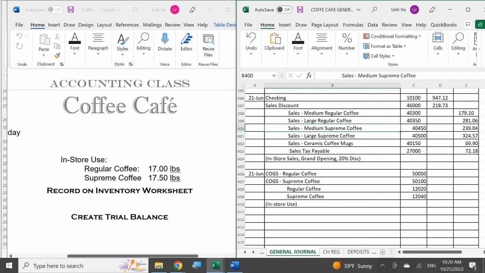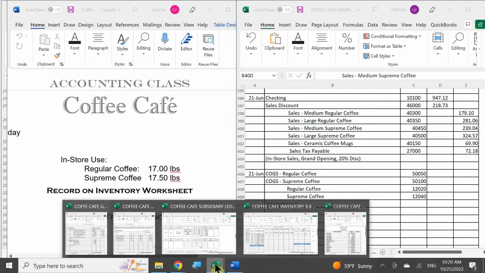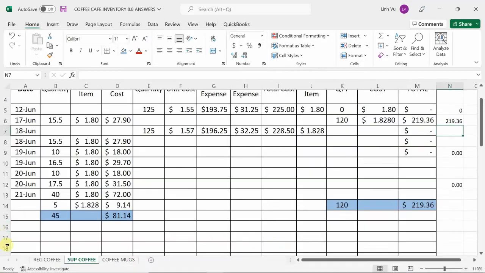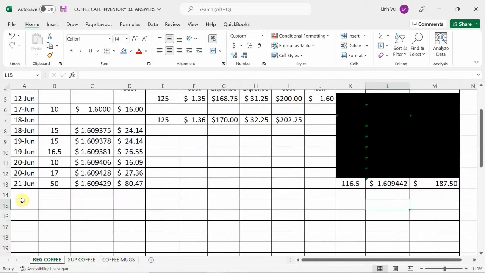Where do we do that? In our inventory worksheet. Good. Okay. So going back to my regular coffee here, we sold 17 pounds at what cost per item? 1.609442. So what's my total cost of goods sold here?